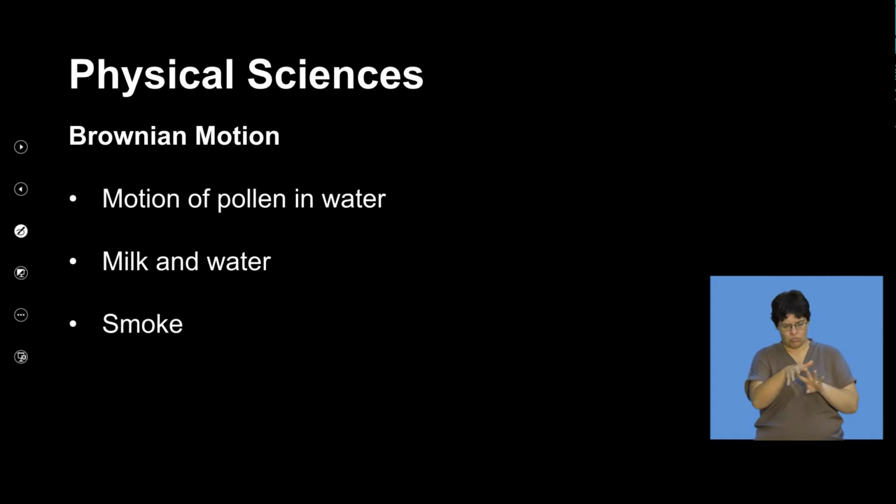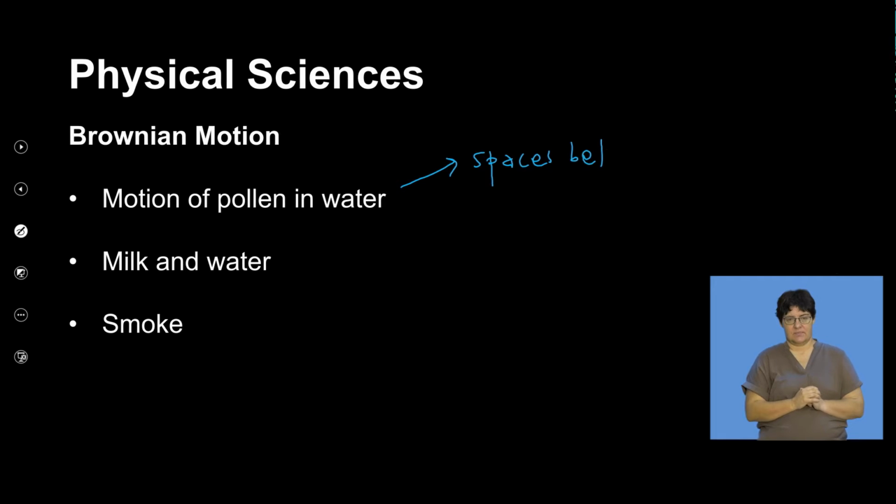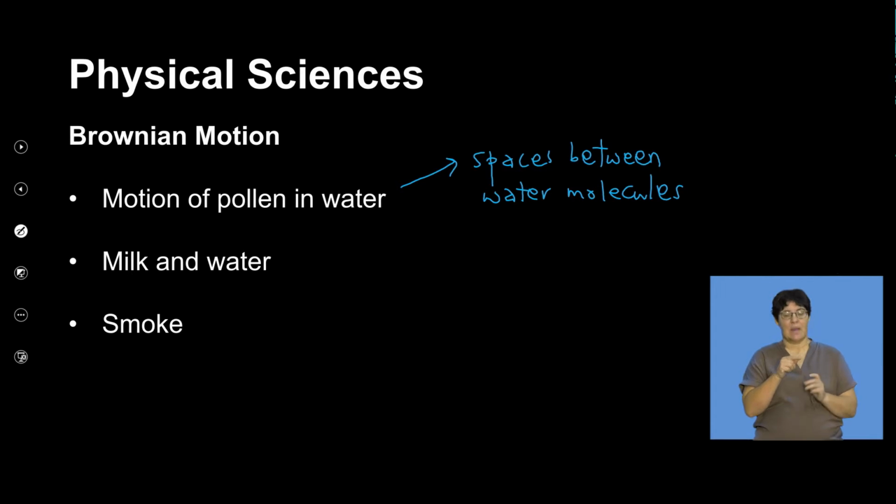Under a microscope, of course, because this is quite microscopic, the movement could be seen through the water molecules, which suggested that there were some spaces between water molecules, okay? So this is the particle nature of water. And also to say that the water molecules are in a state of motion, okay?